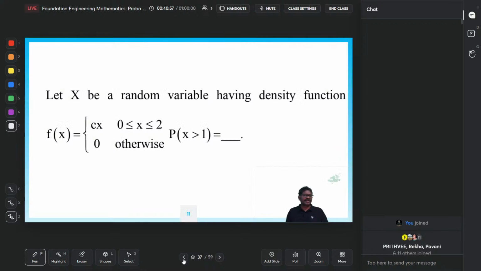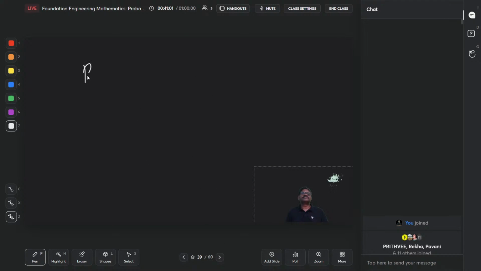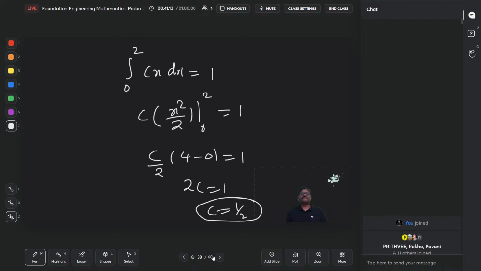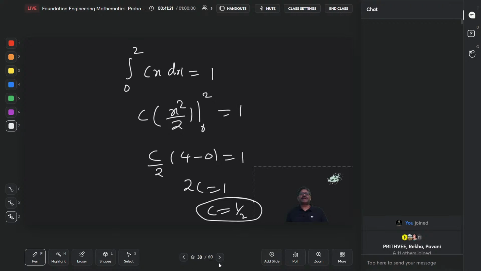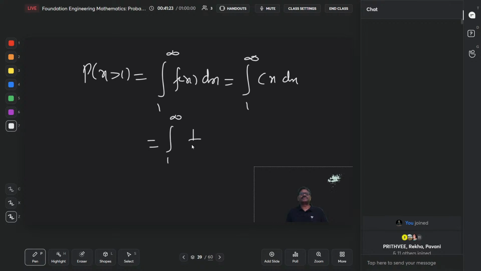Now probability of x greater than 1. Probability of x greater than 1 is the integral 1 to infinity of f of x dx, where f of x is cx dx. The value of c is 1 by 2.